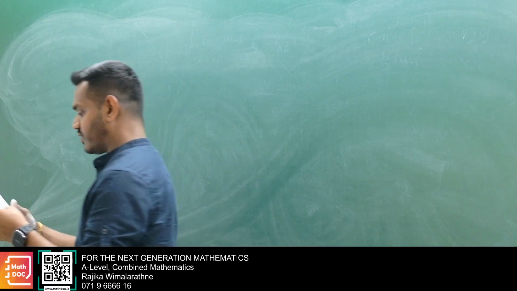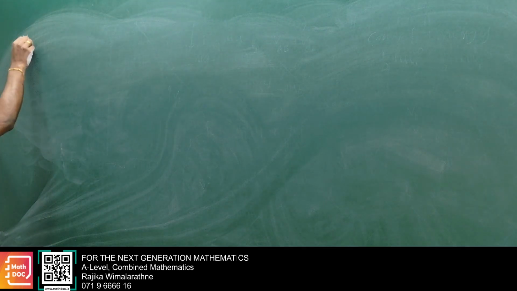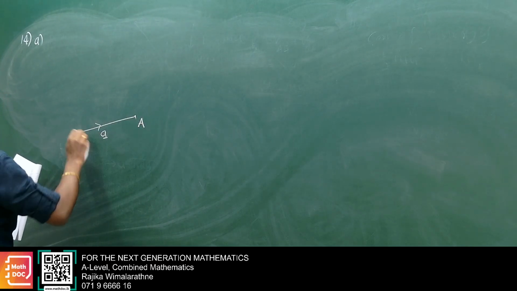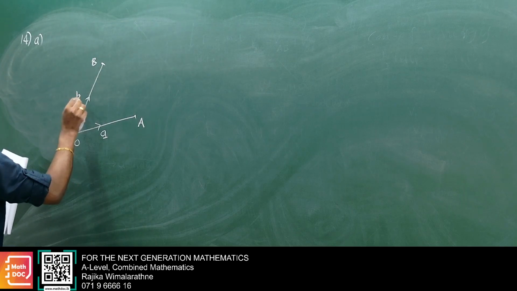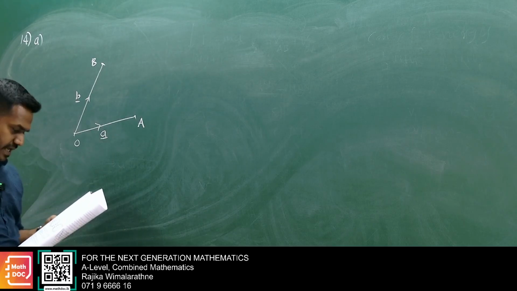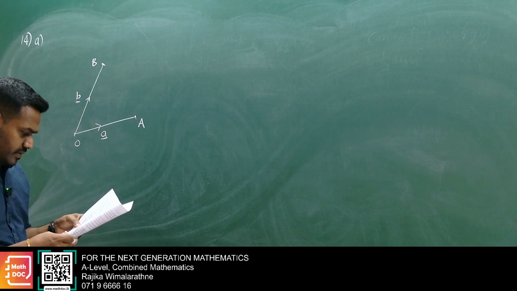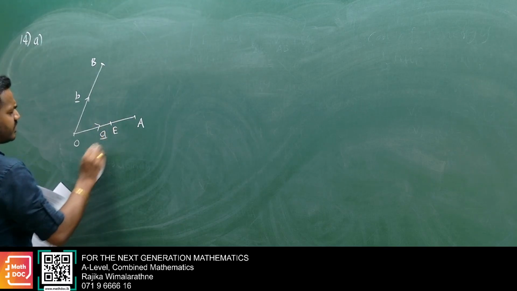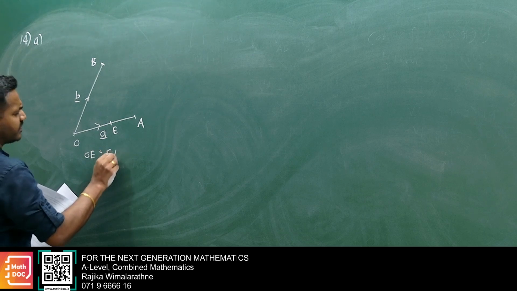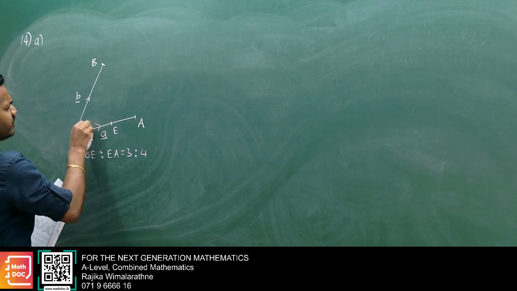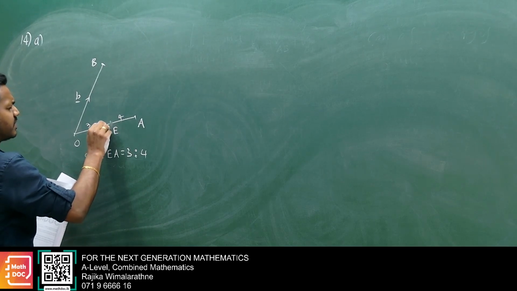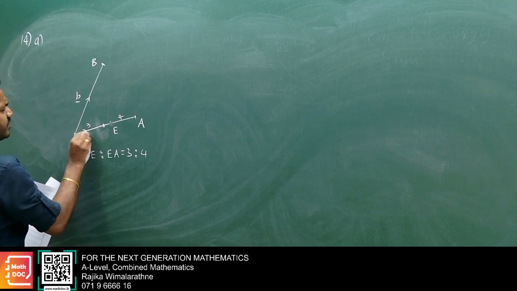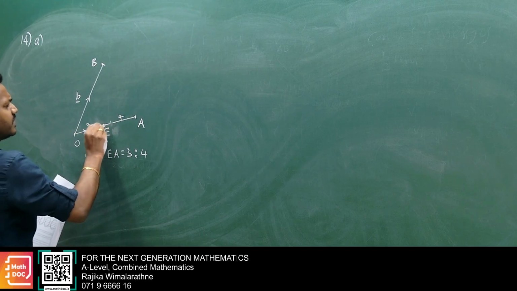Position vectors of points A and B with respect to O are given by vector A and vector B. Here OA is vector A, OB is vector B. These are the position vectors. Then the point E is on OA, with OE to EA as 3 to 4.